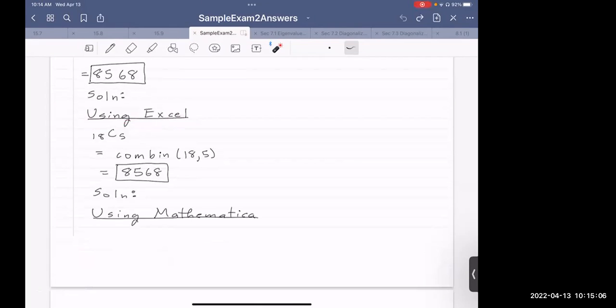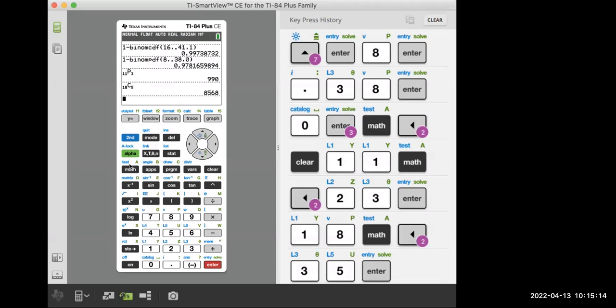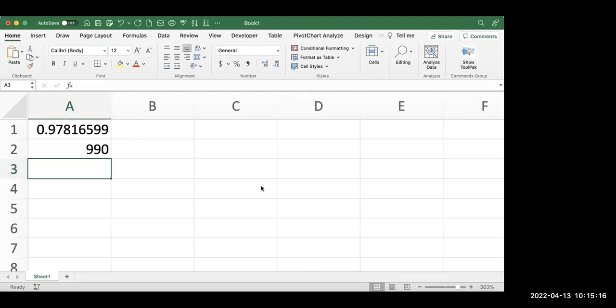Let me use Excel using the COMBIN formula. And so 18C5 will just be COMBIN 18, comma 5. So let me do that on my computer. And so I have here combine 18, 5.